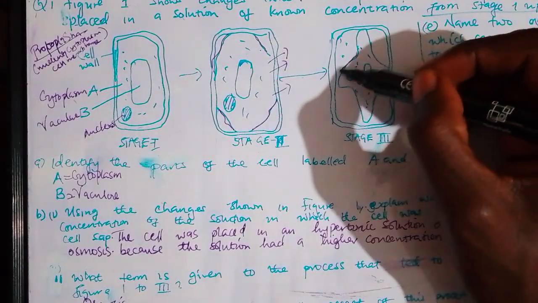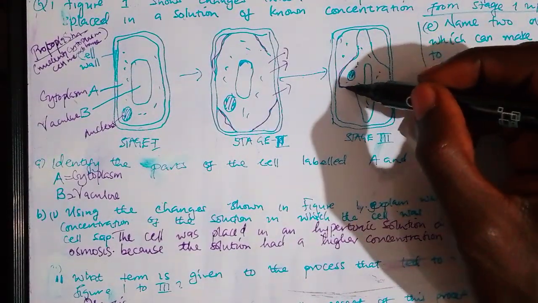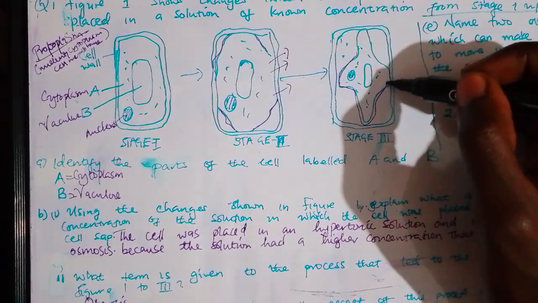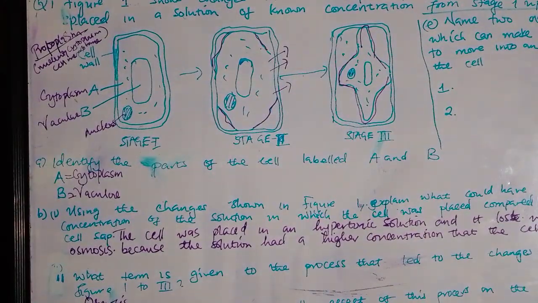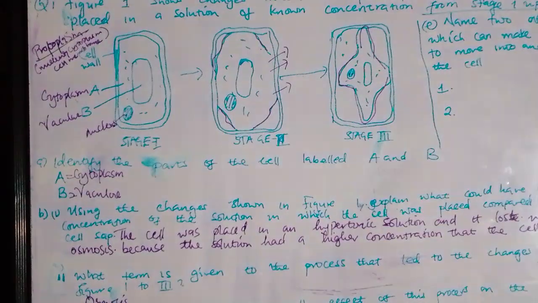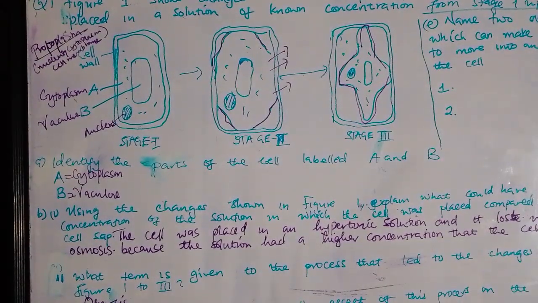Again, here you can see that it has moved even further away from the cell wall. So the stage at which the plant is turgid is stage 1. In biology, you have to understand the term before you answer, because most of you could have rushed to answer stage 3.